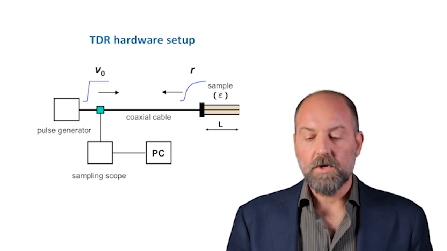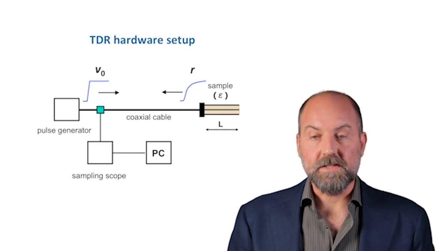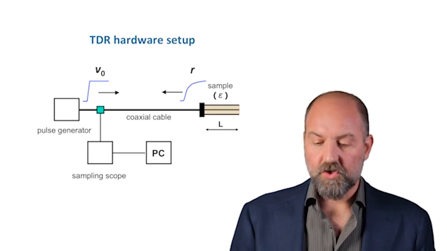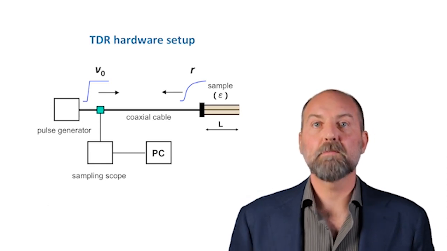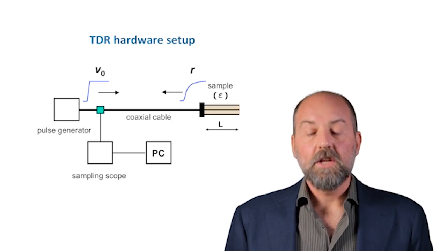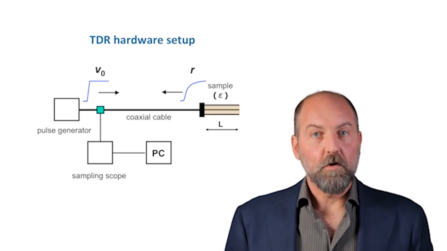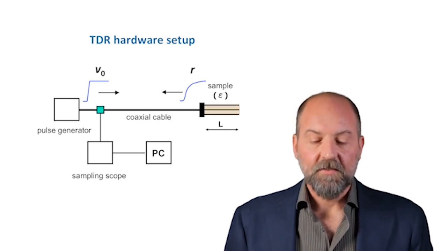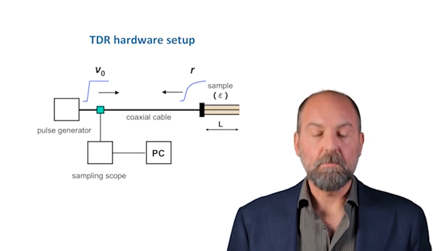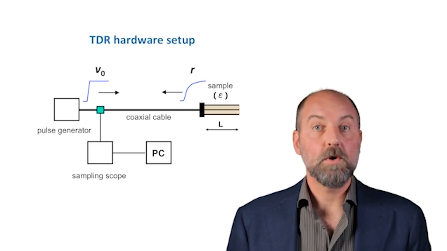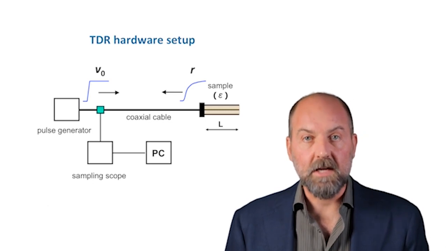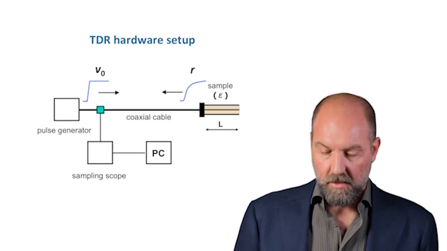Once the signal reaches the sample, it propagates through, and at the end of the sample is reflected back. And so it travels back as indicated by the signal R. In all this traveling back and forth of voltage signals, we record the voltage at a given point over time. And this is why the technology is called time-domain reflectometry.